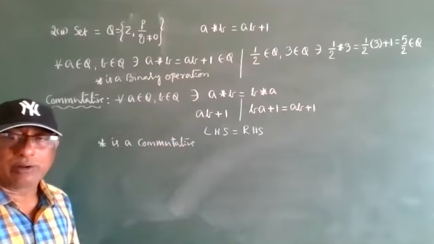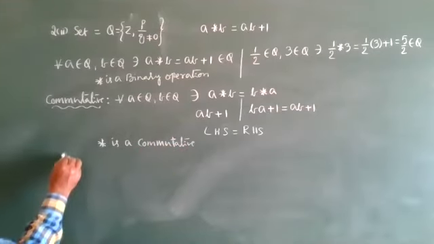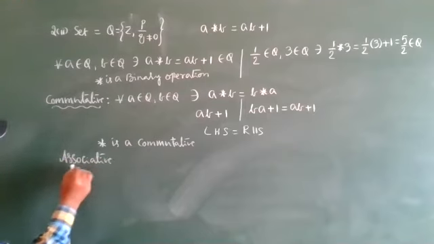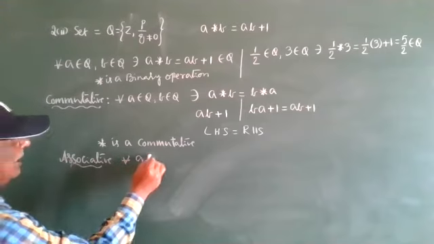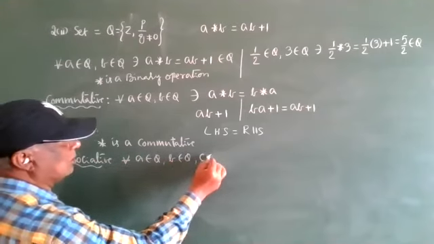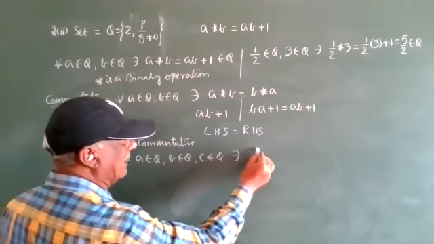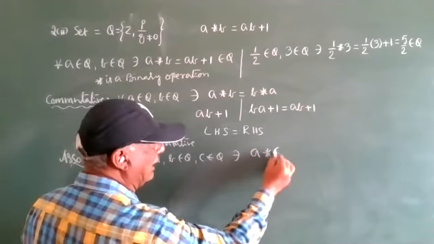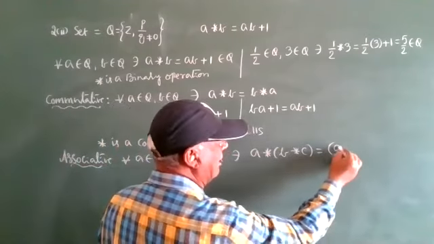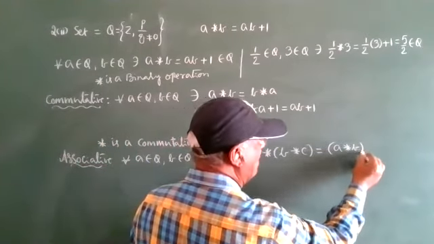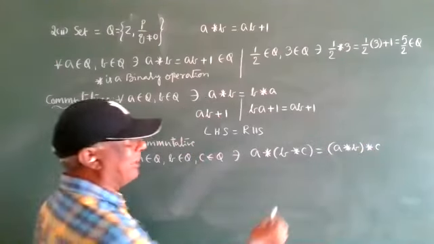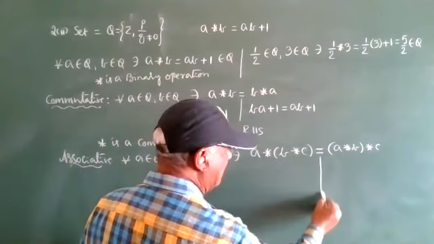Next, associative. Write down, check the associative, everyone. For all A belongs to Q, B belongs to Q, C belongs to Q, such that A star bracket of B star C is equal to bracket of A star B star C. Now find out the left hand side and right hand side.